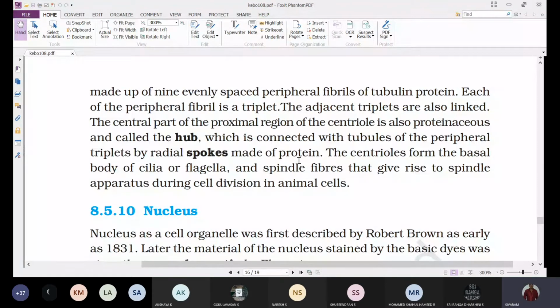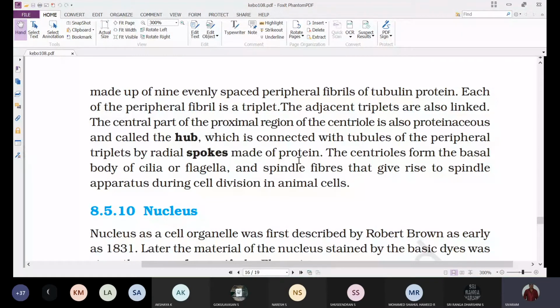Next, we find a centrally located structure called the hub. The hub is joined with the peripheral triplets with the help of radial spokes.